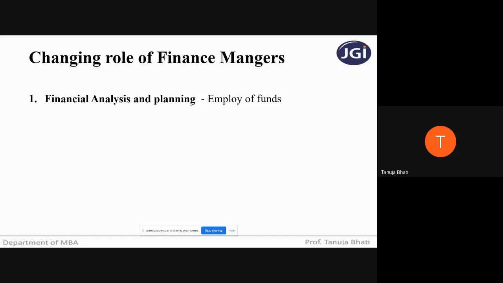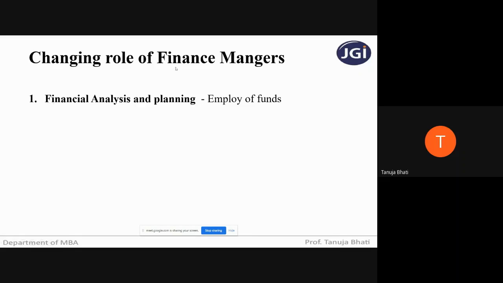Financial analysis and planning. As I already told you, today a finance executive of an organization is playing a very important role, because the company's goals, policies, and financial success depend on his role. So all these things are dependent on how the financial manager works.